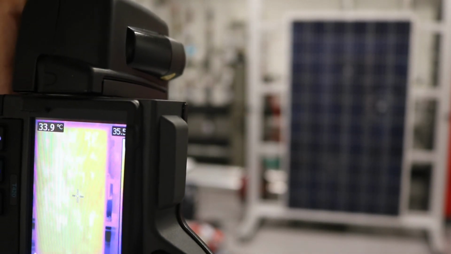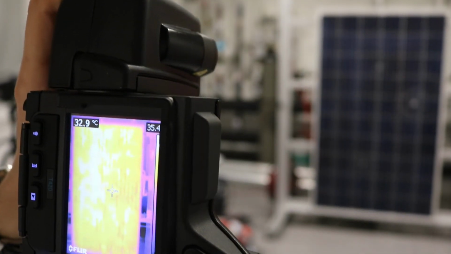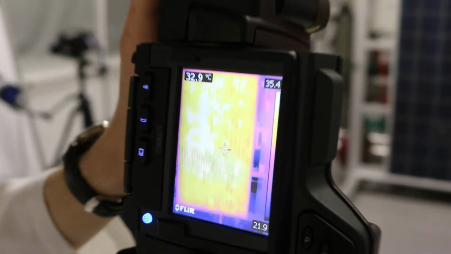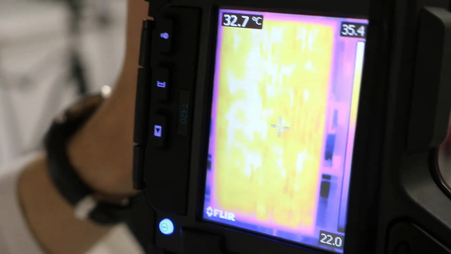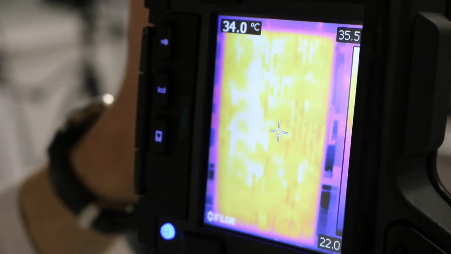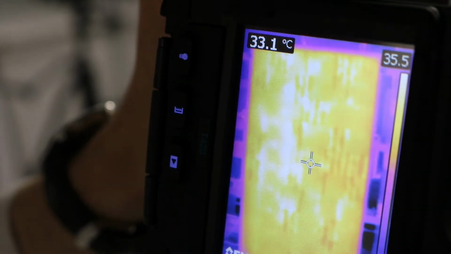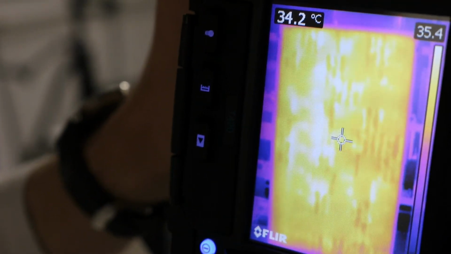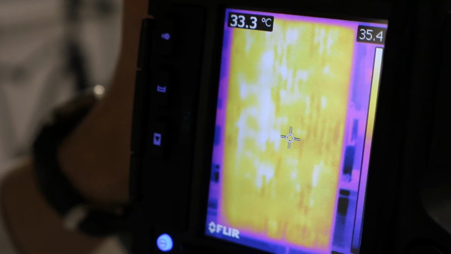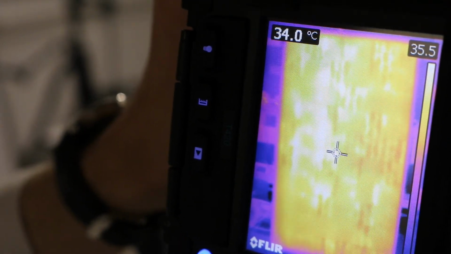Thanks to thermography, you can detect microcracks, but it's more sensitive to serious microcracks.